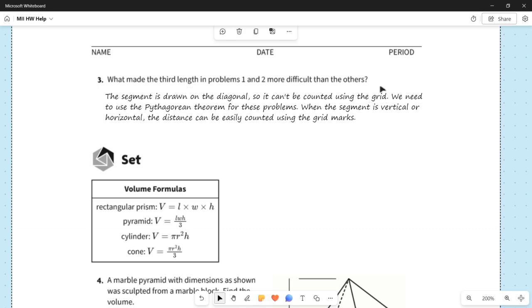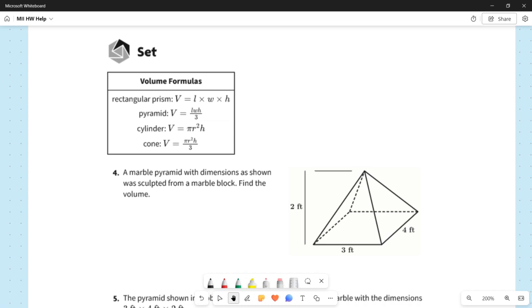We have to use the Pythagorean theorem, which is not impossible, right? Certainly within the capability of anyone in this class, but it is a little bit more work. But when we're dealing with either a horizontal or vertical line, our job becomes easy because we can just count the boxes and we don't have to really do any calculations per se.